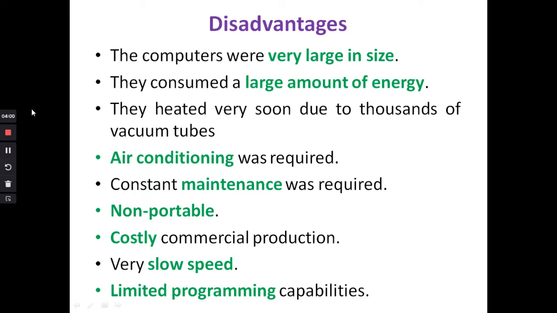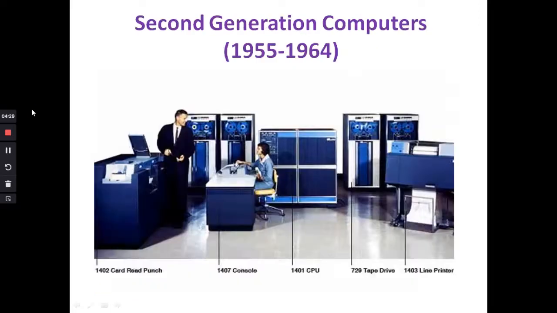The cost of production and the maintenance were very high. These machines were very slow compared with today's computers, and only a limited number of programs, like calculations, could be done. These are the main disadvantages of the first generation computers.